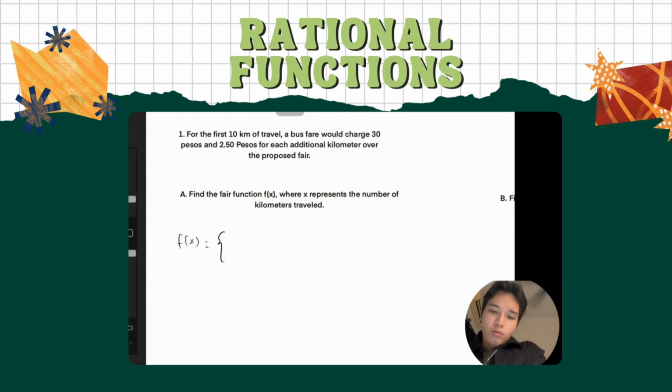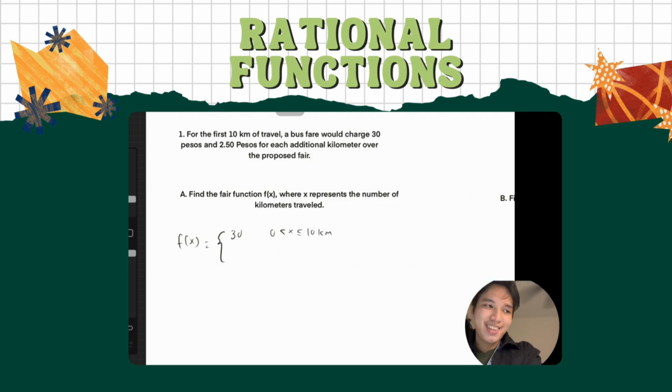So let's write 30 pesos if x, the distance traveled, is less than or equal to 10 km. Okay, so that's the first function.